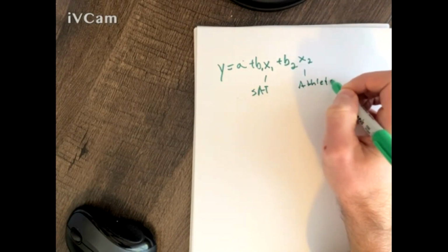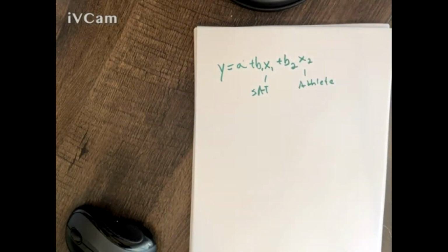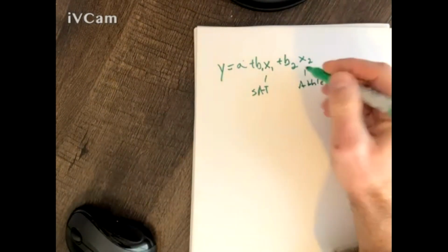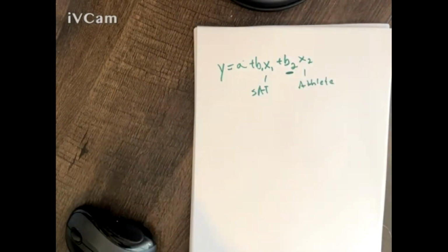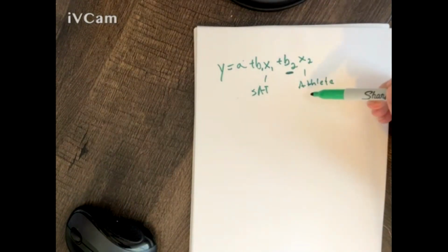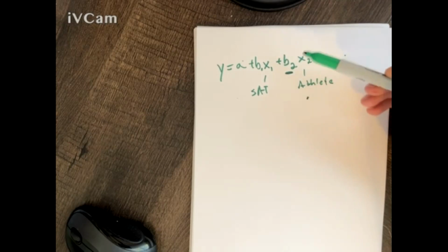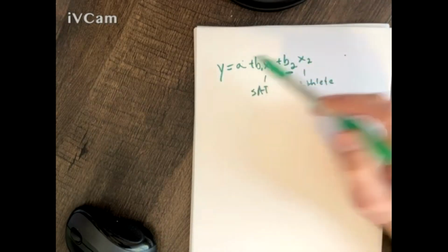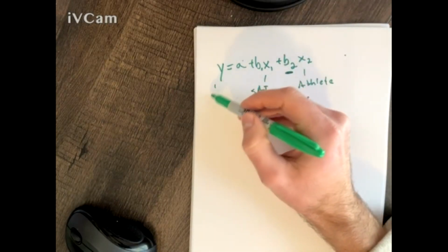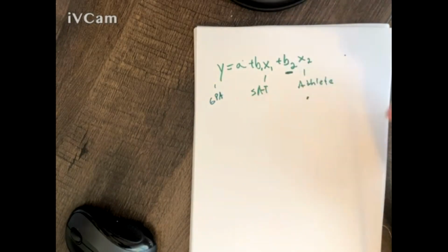So you can write the dummy variable just like you would a typical variable. But we have to remember the interpretation: the 1 unit increase now is going from the 0 group to the 1 group. So going from being a non-athlete to an athlete would change the predicted Y value, which we were using GPA, by whatever B2 is.